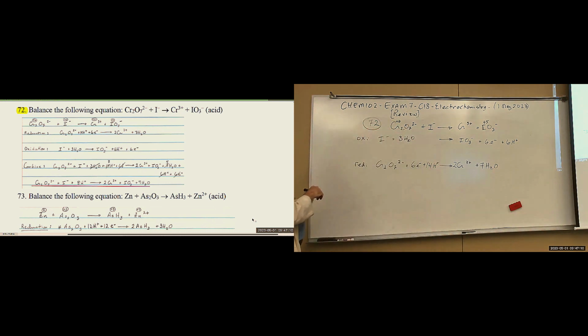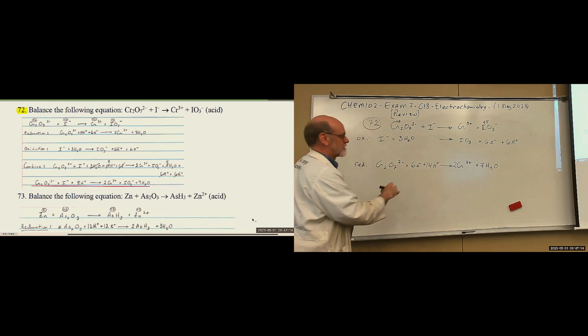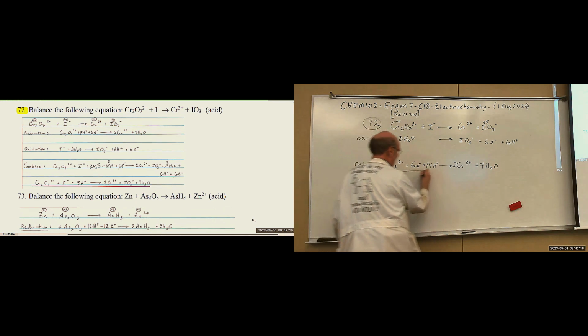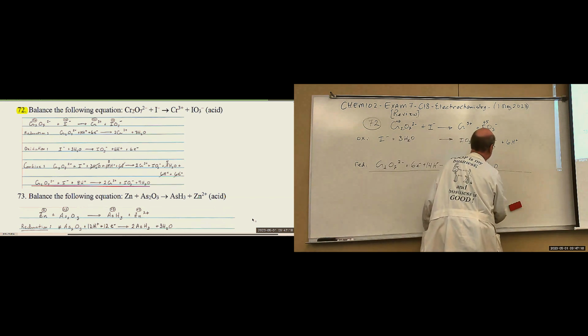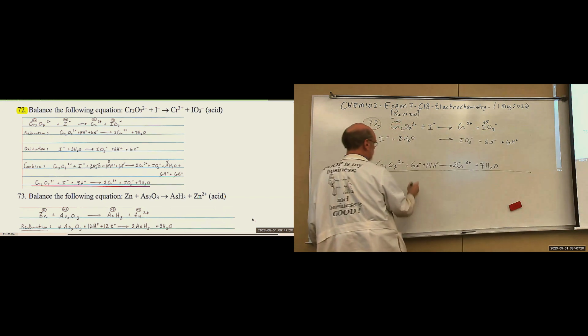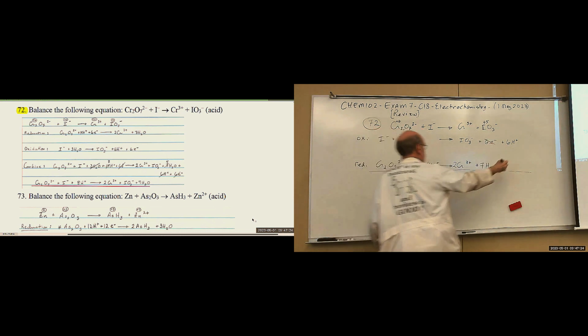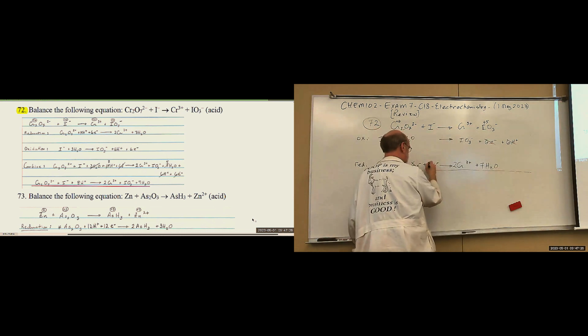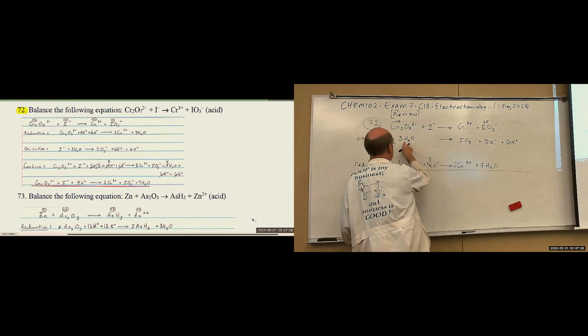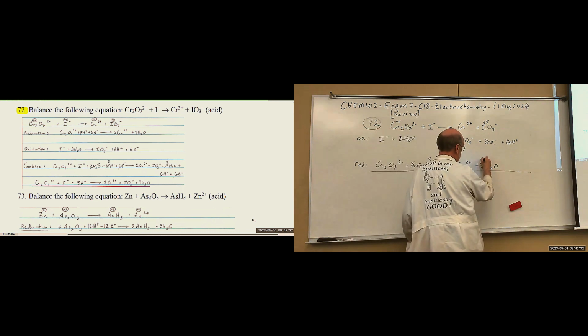So since our electrons are already balanced, we can just add them together. Can we cancel before? Yeah, we can cancel that one, that one. We can cancel these 6 hydrogens. That makes 8 here. We got 3 waters here and 7 there. So that makes 4 here.